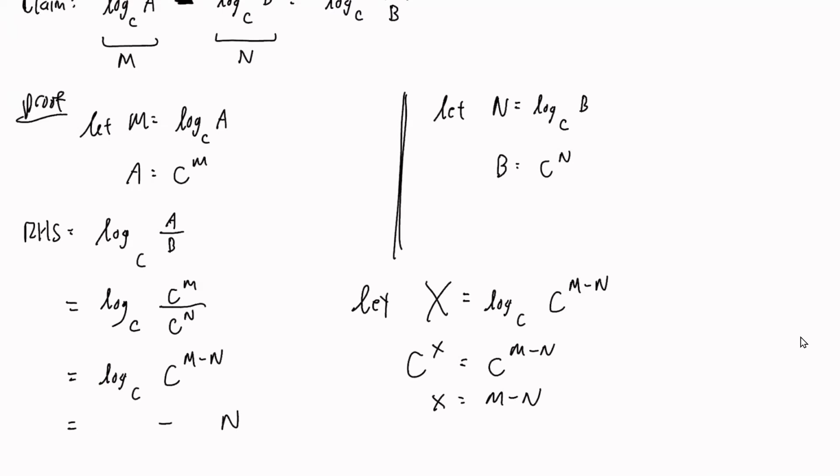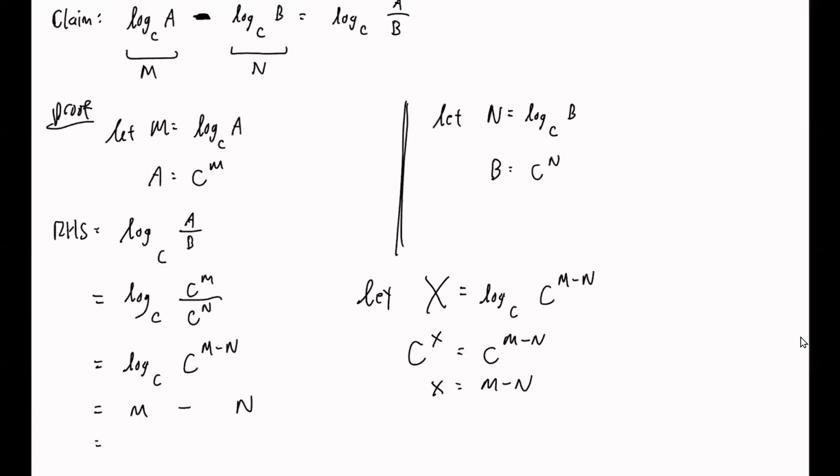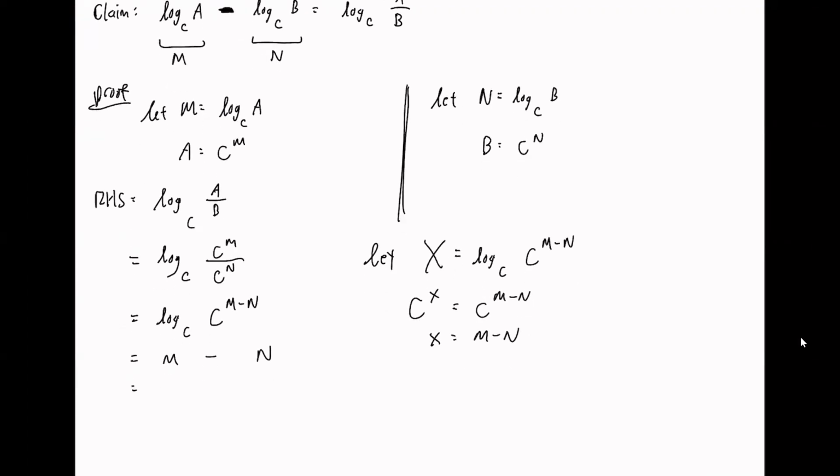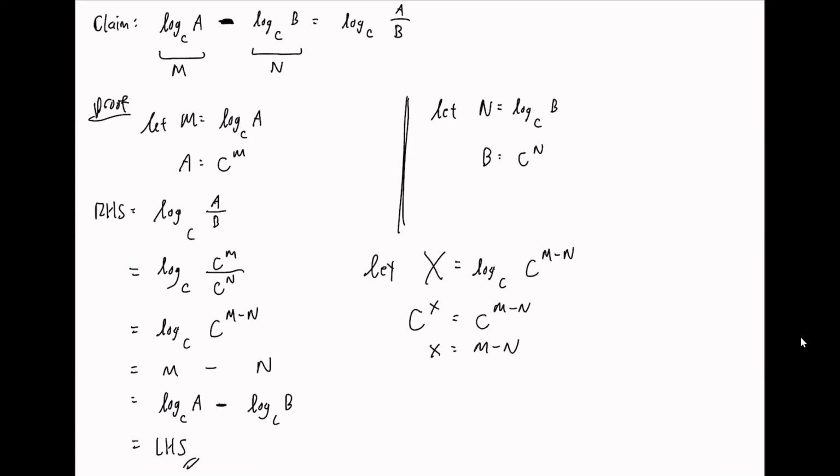I should leave it as M minus N first, then replace the M with log A base C. Then you subtract away the capital N, which is log B base C, which is equal to my LHS. And then I am done. That was the logarithm rule for subtraction.